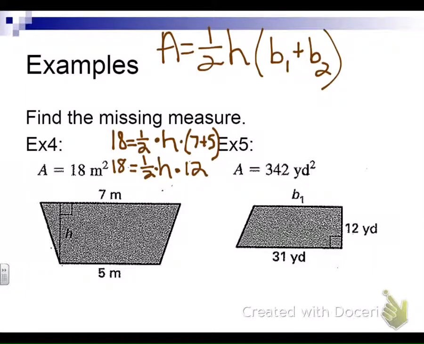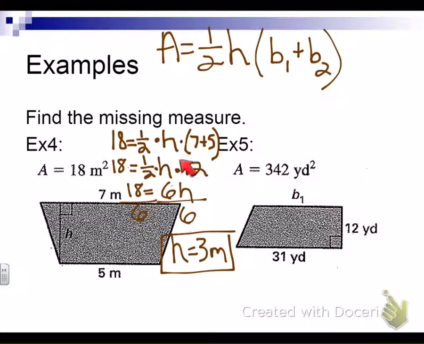Put like h equals then the number, because I've got to figure out the missing height. This is how we're going to do it. So 18 equals 6h, divided by 6. h is equal to 3 meters.